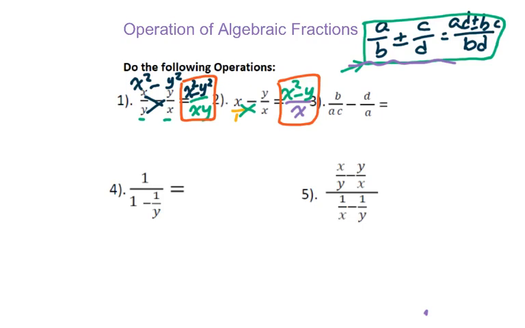For number 3, if you use this formula, it's not a good choice because you have the same common factor as the denominator. We know that a over b plus or minus c over b: since we have the same denominator, keep the same denominator, numerator will be a plus or minus c.